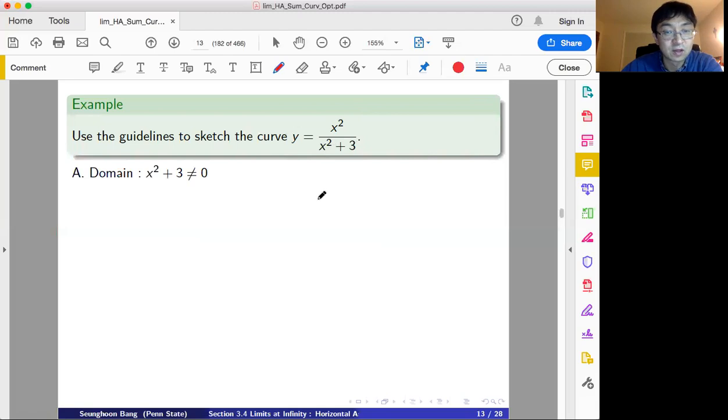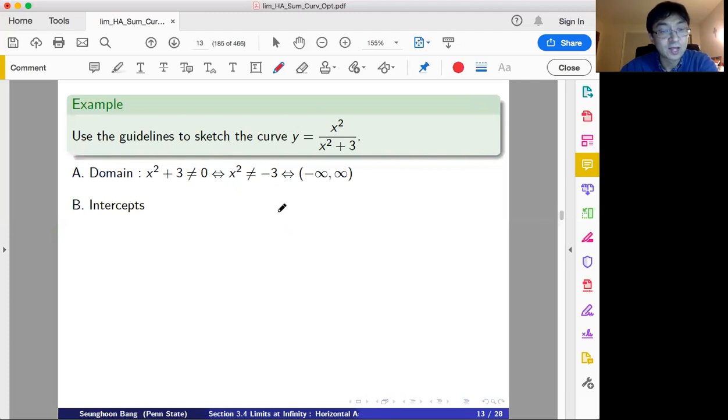This is one important thing. The denominator is not equal to negative 3. The x squared is always positive, and the 3 is also positive, so the denominator never equals 0. All real numbers is exactly the domain.